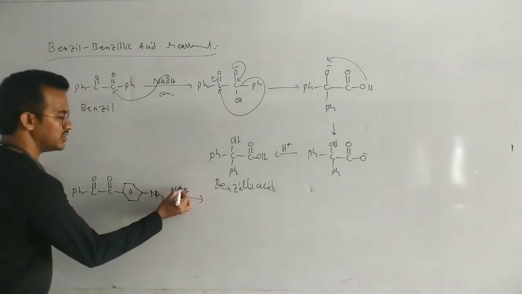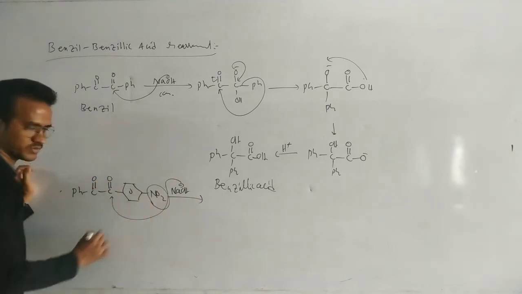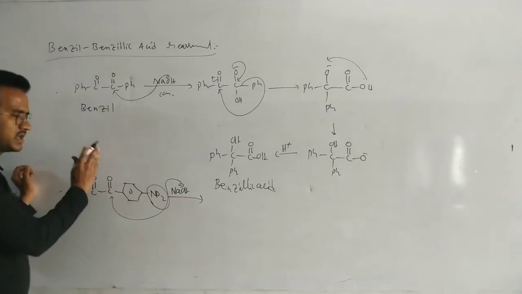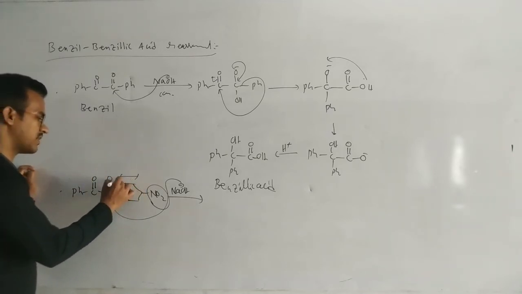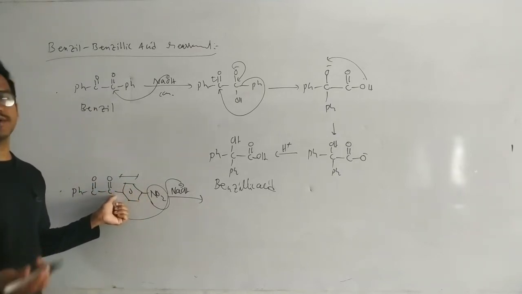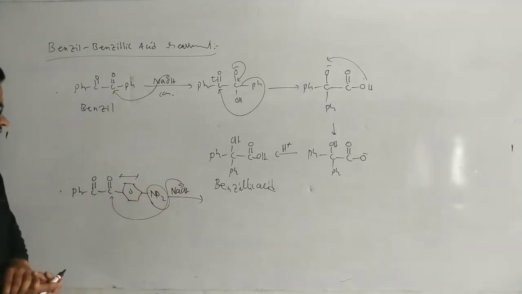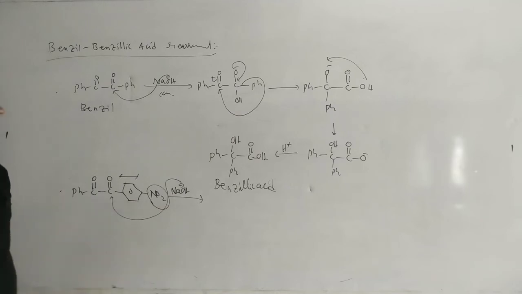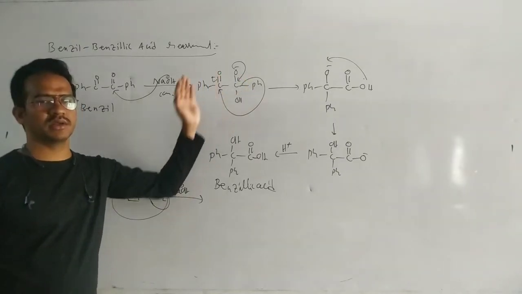Initially the nucleophile attacks on this carbon, because there is a withdrawing group. By the presence of the withdrawing group here, the reactivity of the carbonyl group increases towards nucleophilic attack. So that withdrawing group increases the magnitude of the positive charge at this carbon. So that's why this carbon has more positive charge, and is readily attacked by the OH minus. Then migration of the alkyl groups is the same. So write the product. First attack of the nucleophile, then migration of the alkyl group.